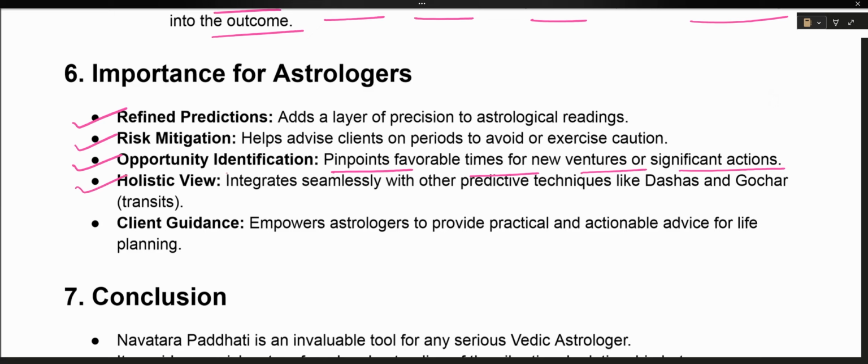Then we have a holistic view. It integrates seamlessly with other predictive techniques like dasha and gochar, that is the transit, and it will give you a very perfect result. Next, client guidance: this method will empower astrologers to provide practical and actionable advice for life planning.